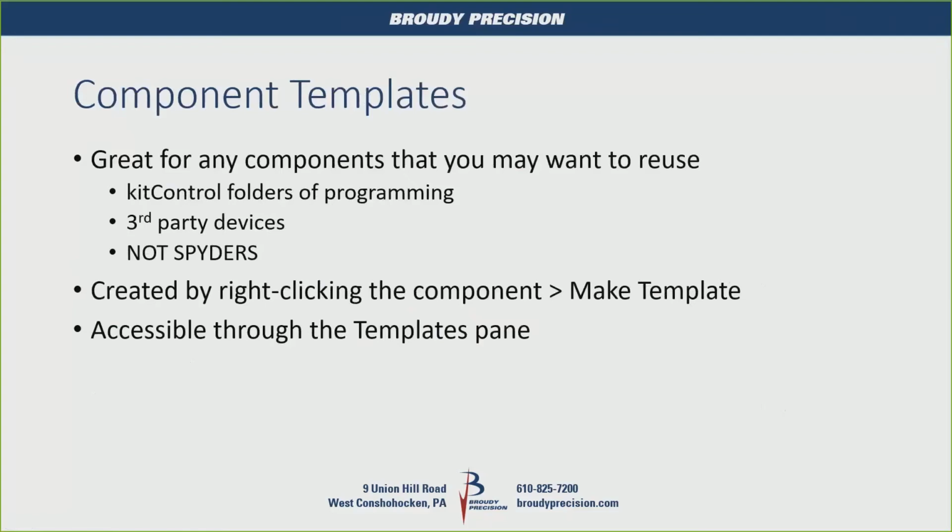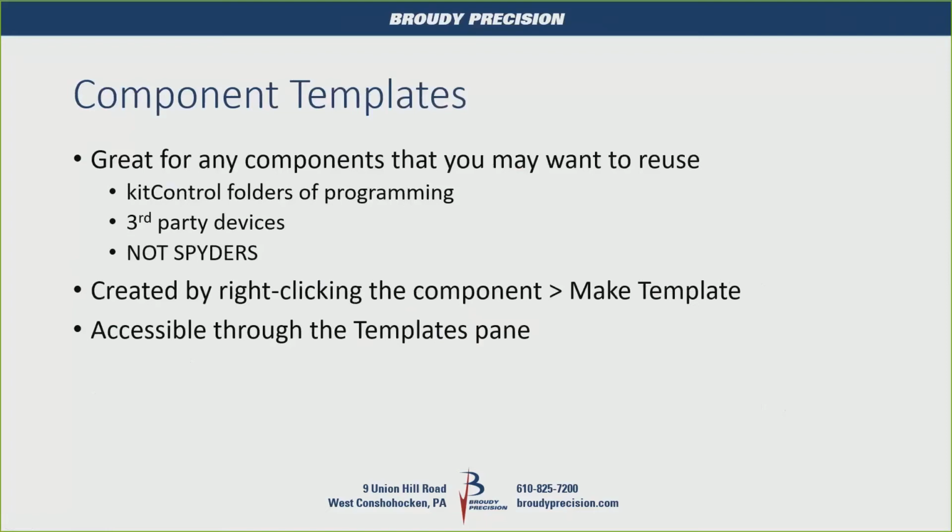And component templates are basically for anything that's inside of a station. Any component you can make a template out of. So it could be folders of programming that you did in kit control, it could be third-party devices.